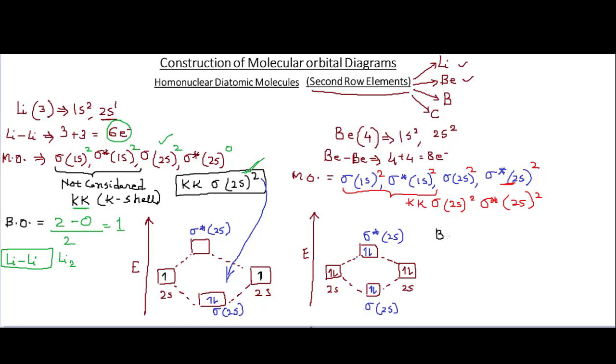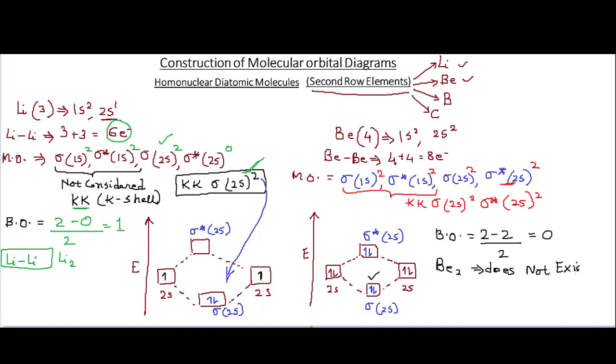Now calculating the bond order. How many electrons are in the bonding molecular orbital? There are 2. This is our bonding molecular orbital, and sigma star is the anti-bonding, with 2 electrons. So 2 minus 2, divided by 2, comes to 0. That is why this Be2 molecule does not exist.